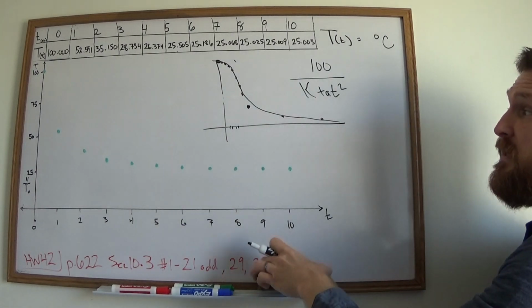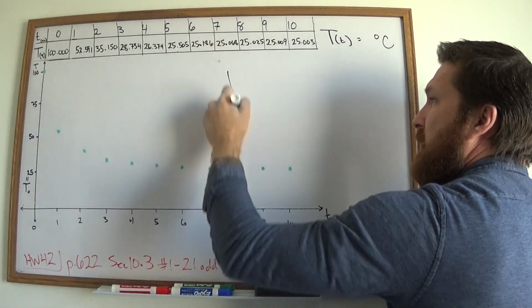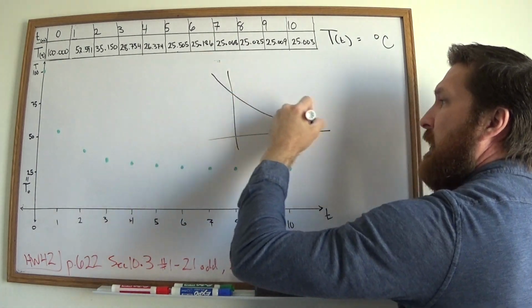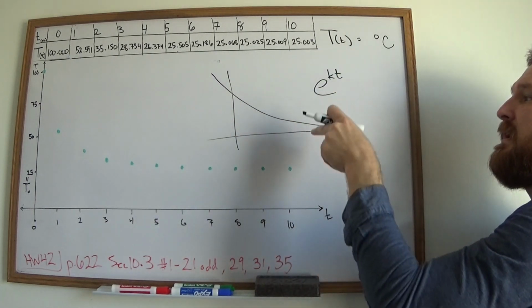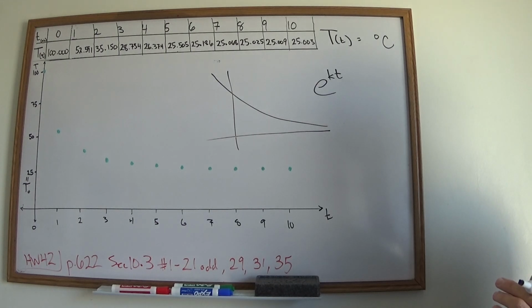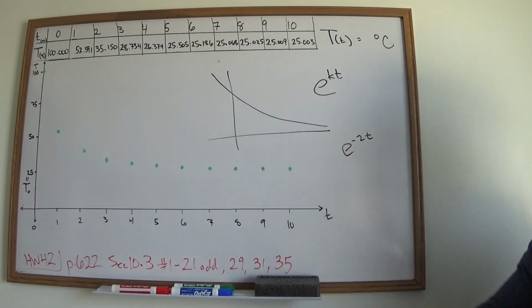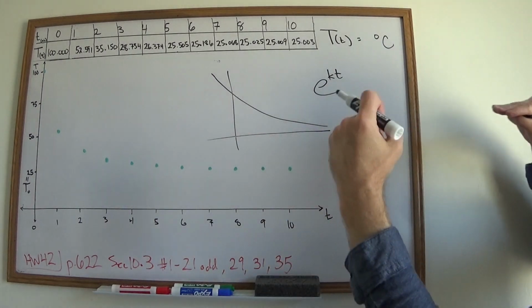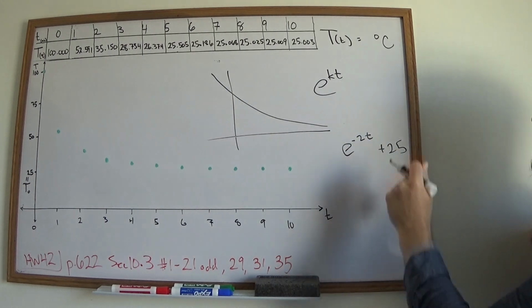Maybe, like you said, exponential. Exponential might work too, right? Because we know an exponential decay, e to the kt. If k is a negative number, it's going to look like that. So something like e to the negative 2t would look something like this. And then maybe we take that and shift it up by 25, and maybe that's a good one.